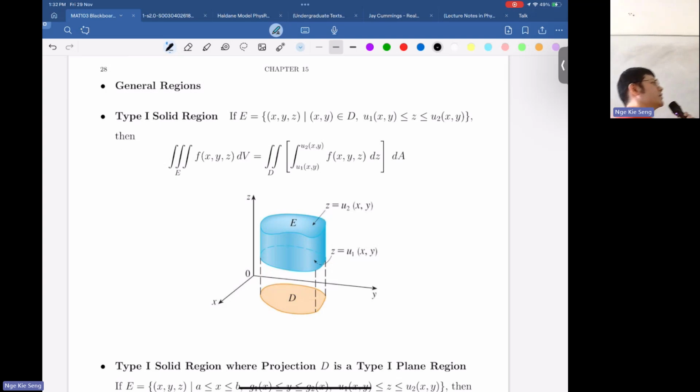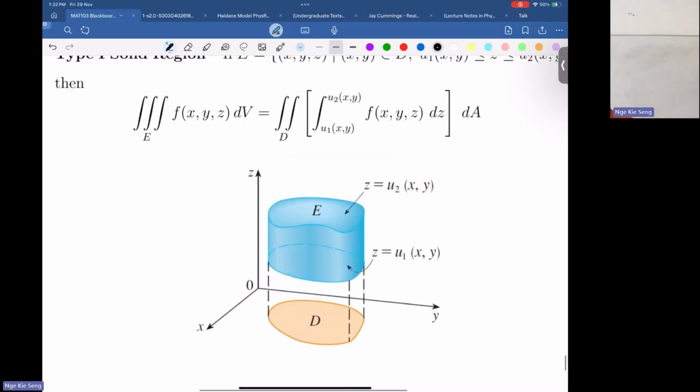Similarly, we'll do it for a general region. So what kind of general region can you get here? So for example, you can have a D, and then let's see. What's this region here? Let's look at what's E. E is the set of X, Y, Z, such that X, Y is in D, and Z is controlled by two functions depending on X, Y. Can you see that this D and E look a bit different?